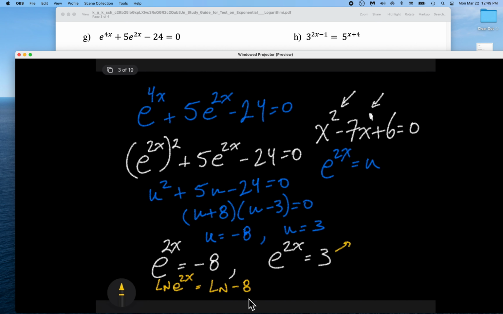Over here, we would take natural log of e to the 2x equals natural log of 3. That has a base e.